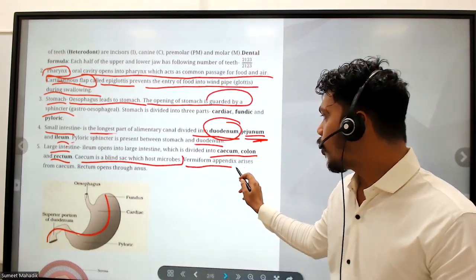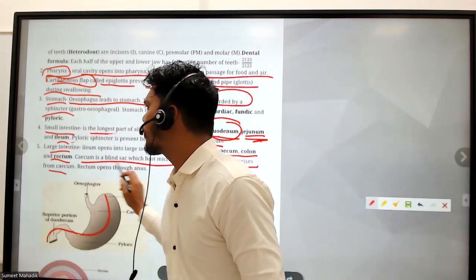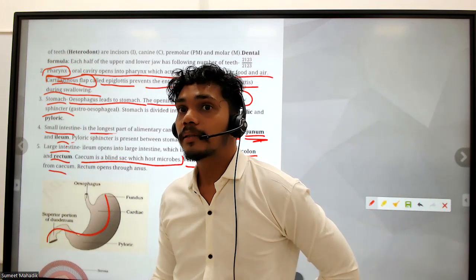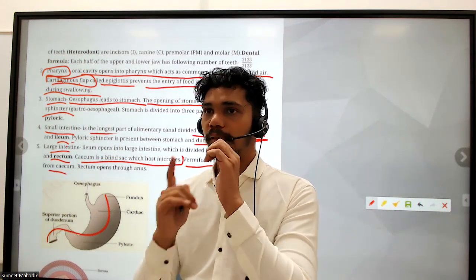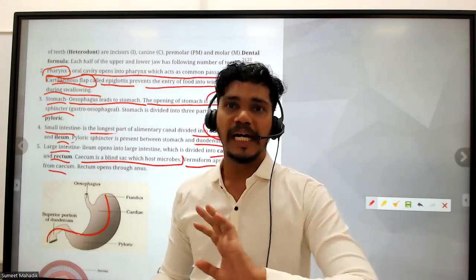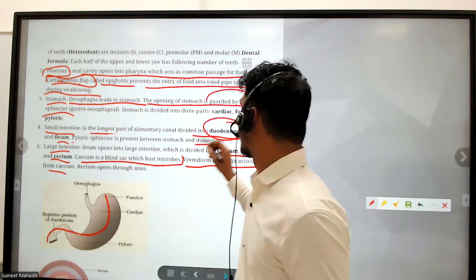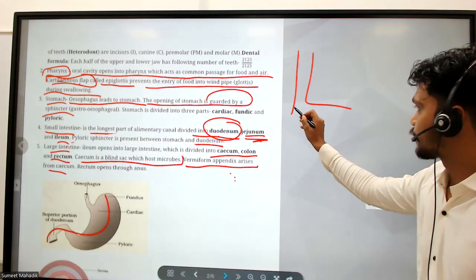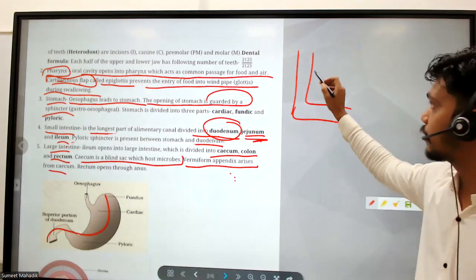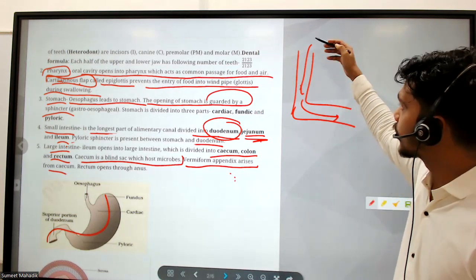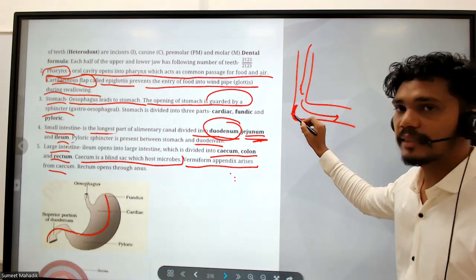So the vermiform appendix arises from the caecum. What is vermiform? What is the appendix? I told you last time. Suppose I'm continuously eating these nails. They do not undergo digestion. They are going to saturate or accumulate in a particular part. Now tell me one thing. If this is a pipeline, the waste is going like this, okay? But if I'm putting more waste, it's going to create a problem in this area.